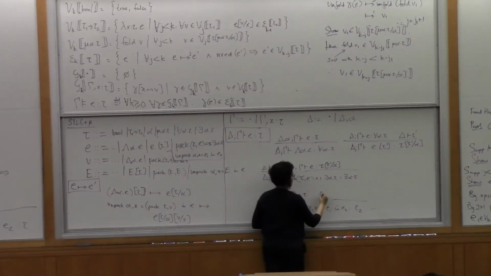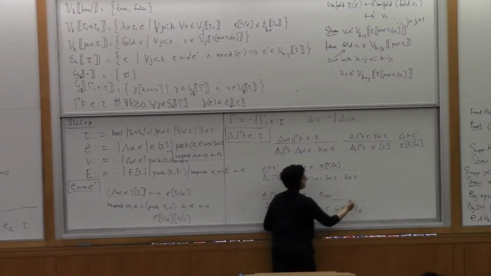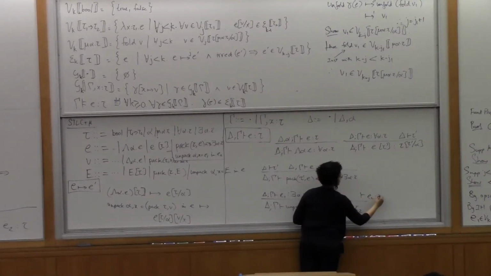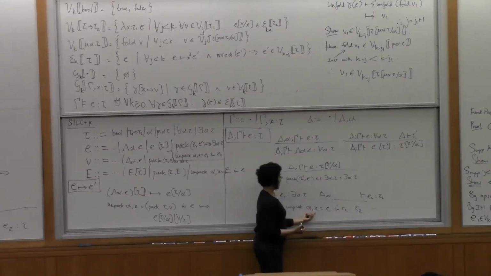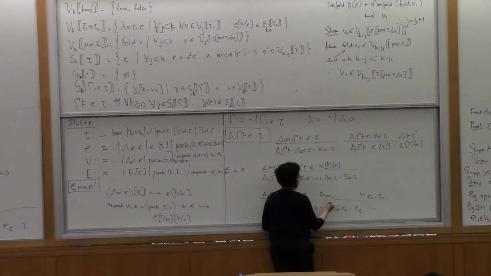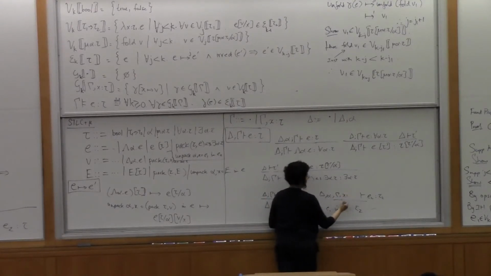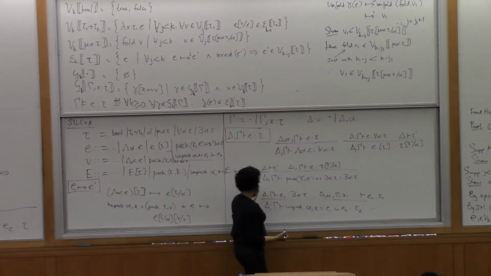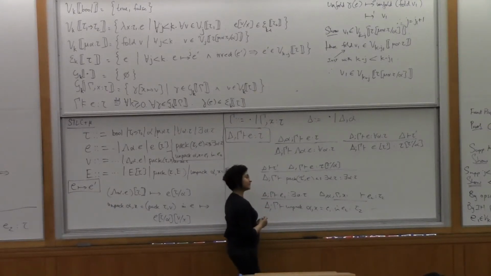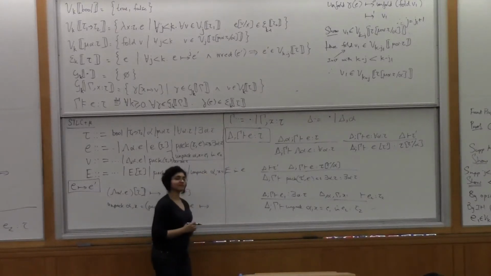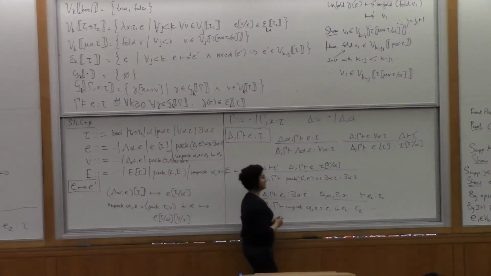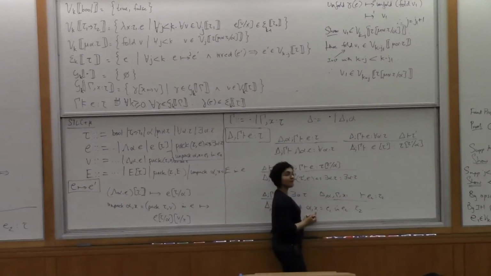And now if we want to type check E2, but E2 might have alpha and x free, so we add alpha to the type environment and x colon what? Alpha.